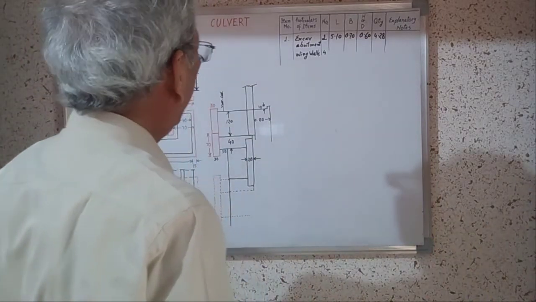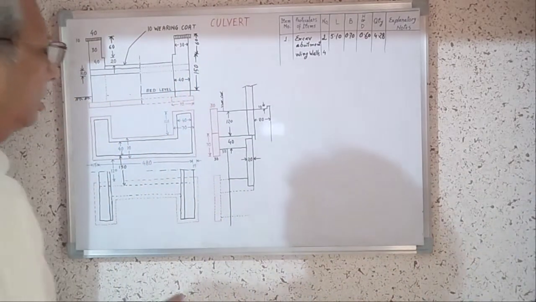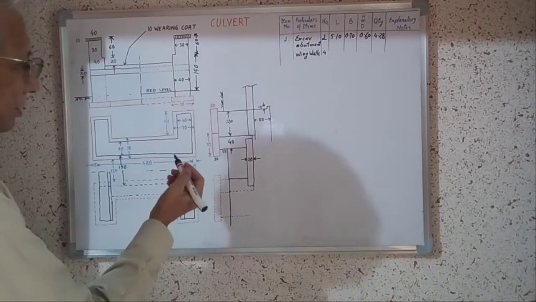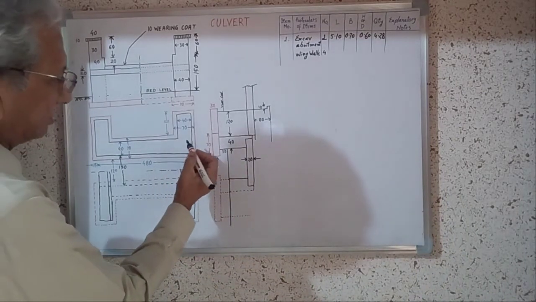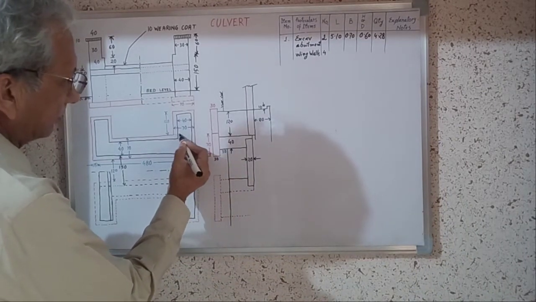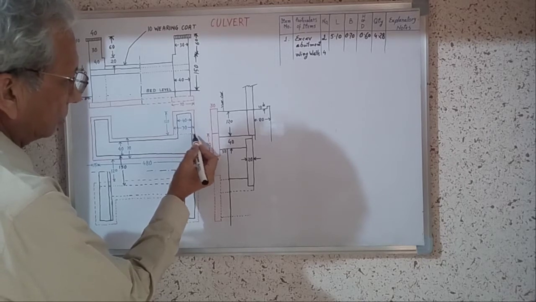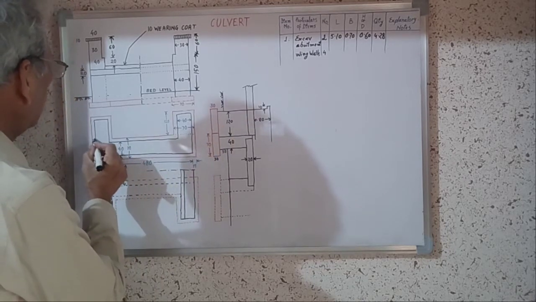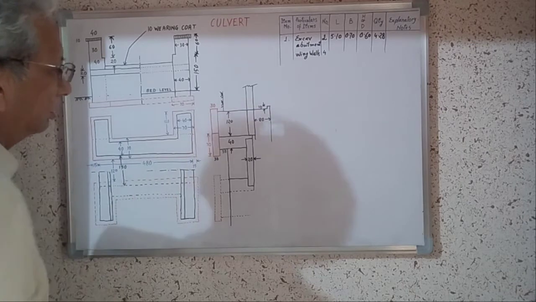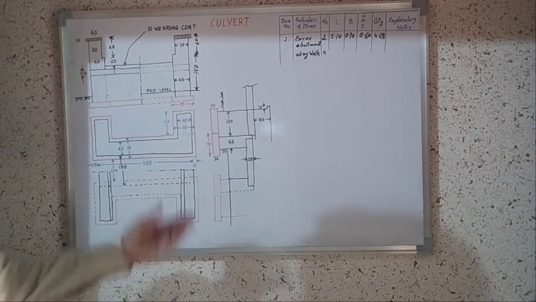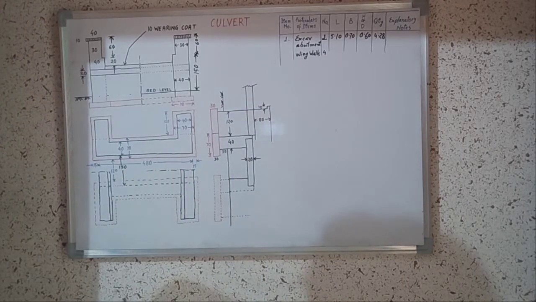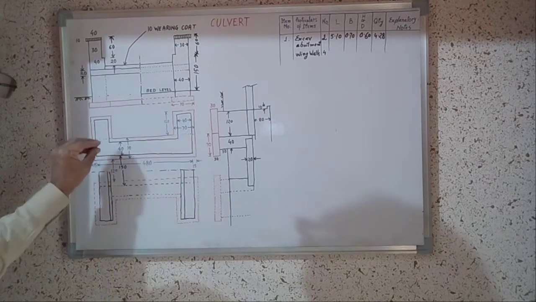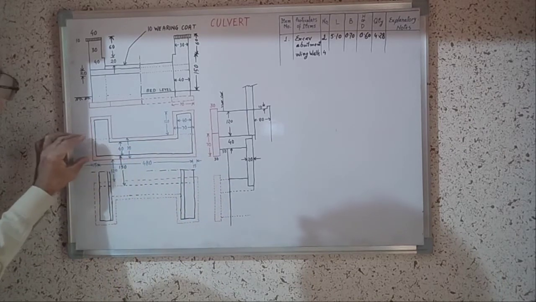Now here, length of the wing wall. We have taken length of the abutment up to this point. This corner has been counted in abutment. Here, the long wall, short wall method will be applied. These corners, 1 number corner, 2 number corners, will be accounted for in abutment.